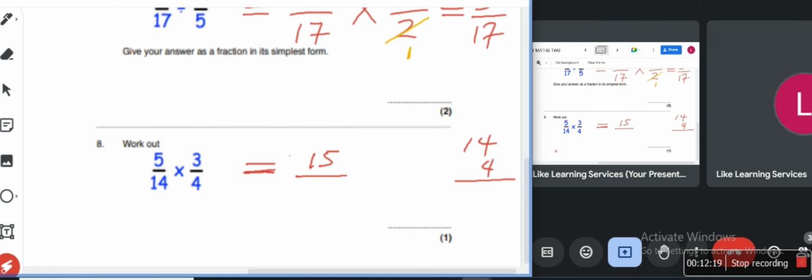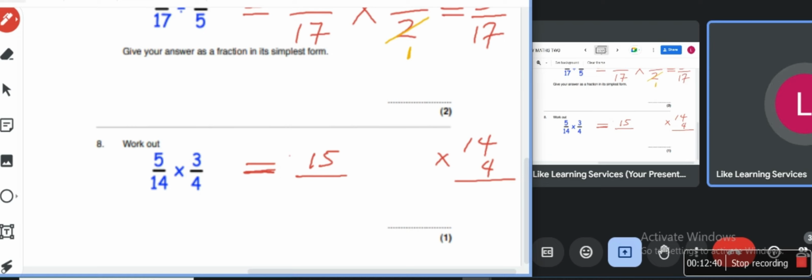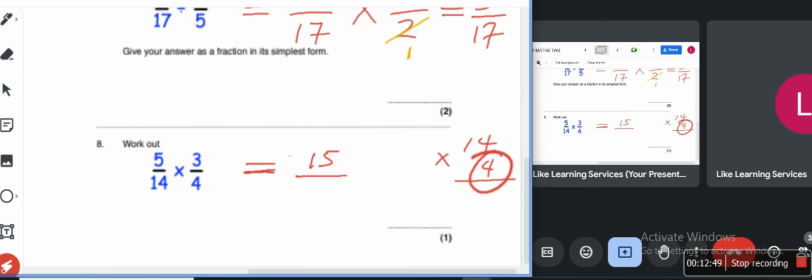48. Are you sure it's 48? 4 times 4, and then 4 times 1. Be careful. You're multiplying. What is 4 times 4? 4 times 4 is 8.